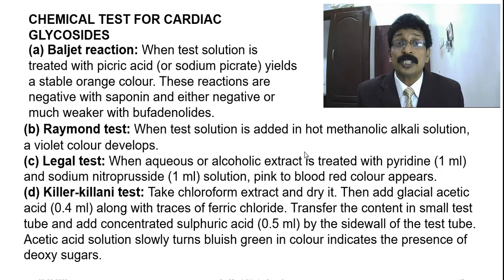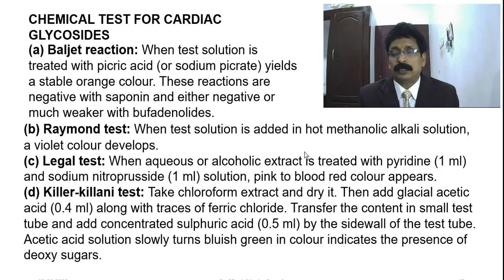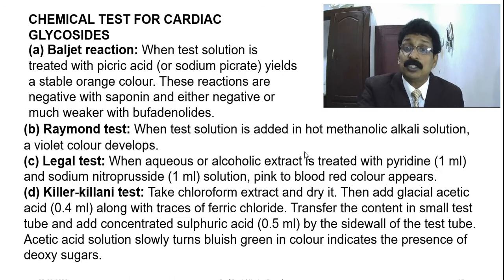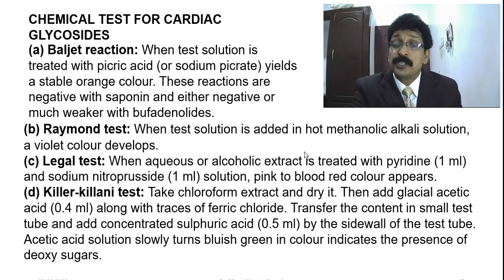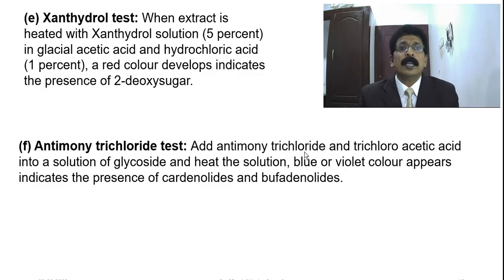The acetic acid solution turns slowly blue-green in color, which indicates the presence of deoxy sugars. Digitoxigenin and digitoxin are present. What can be identified by the Keller-Kiliani test in cardiac glycosides? It can identify deoxy sugars which are present in the glycosides.